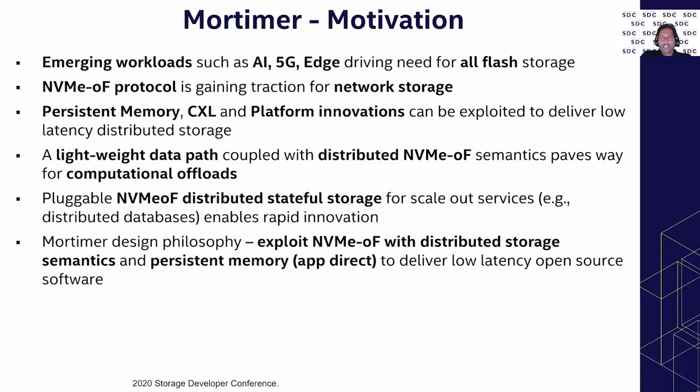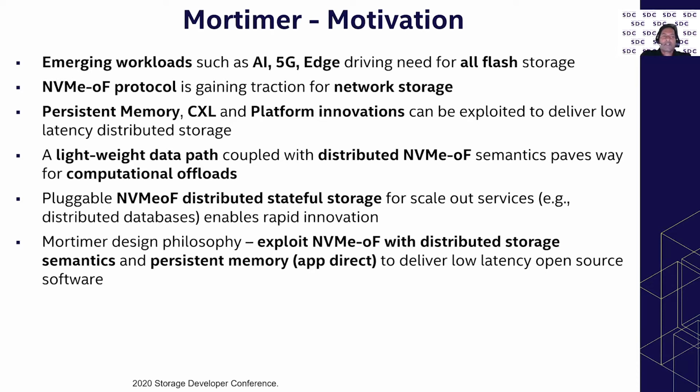So there is a need for distributed data storage with very high performance and low latency requirements. NVMe over Fabrics protocol is a dominant one that is gaining traction in the industry, so why can't we take advantage of the NVMe over Fabrics protocol and adapt it for distributed storage software as well?